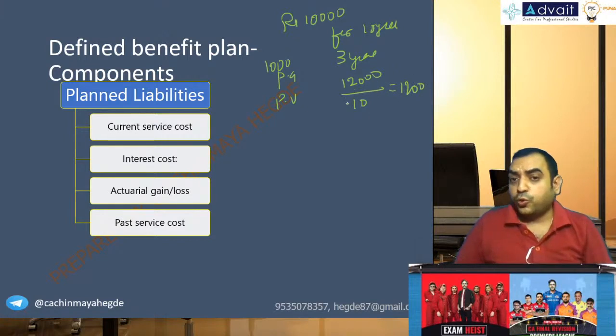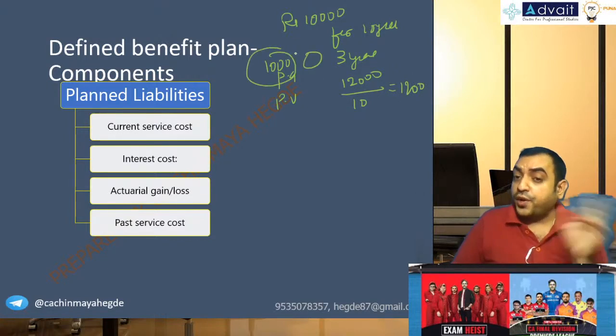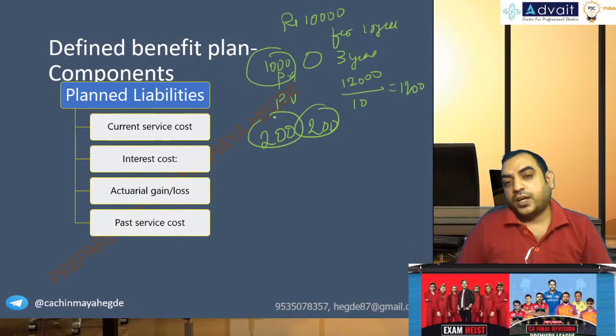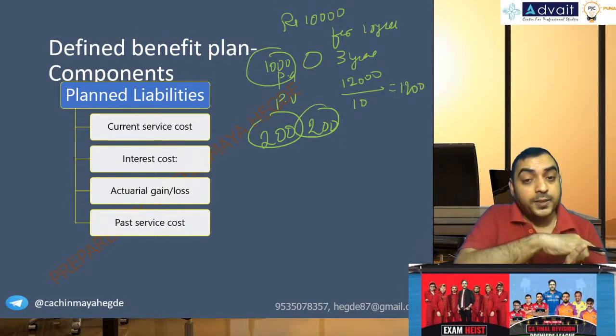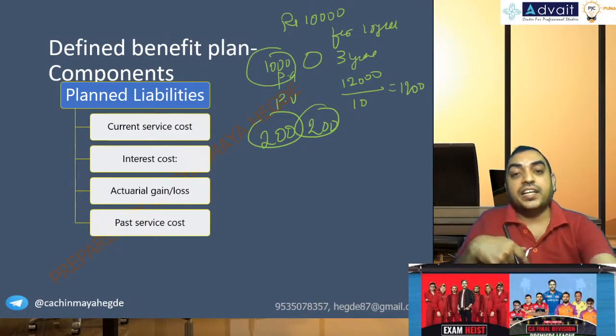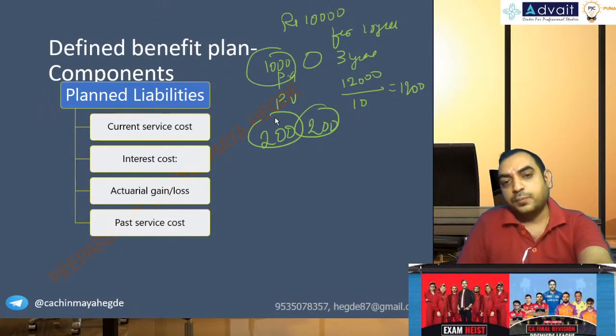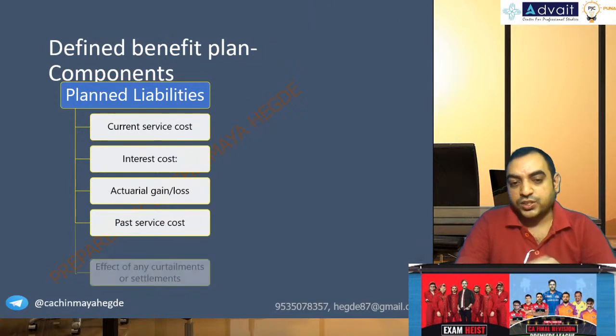Going forward, 1,200 is fine. But what about the 2 years already over? The 200 extra should be recognized. That is called past service cost. Expense relevant for the service already done, but recognized in the current year due to changes in the agreement terms. That is past service cost.